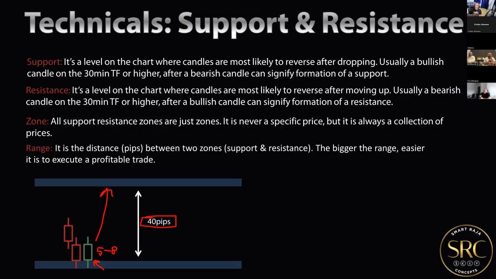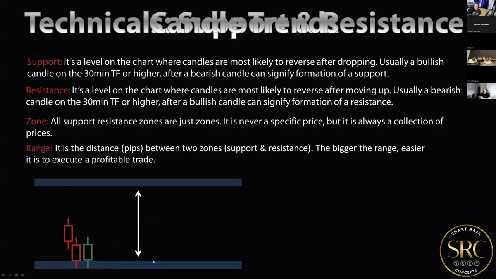For me to execute within a range, my range needs to be 25 pips and above. If I can have a range of 25 pips and above, I think that's a very, very good range, and I'm always going to try to trade that range. Also, let me see what's ahead of this right here.